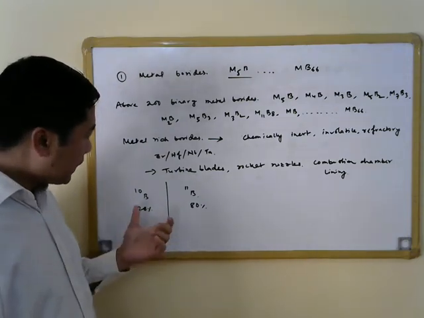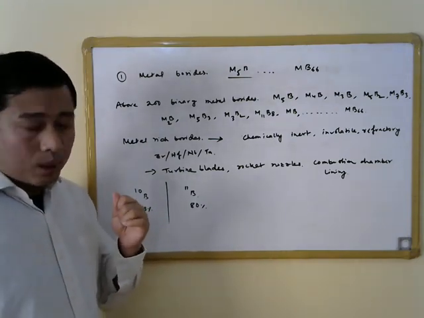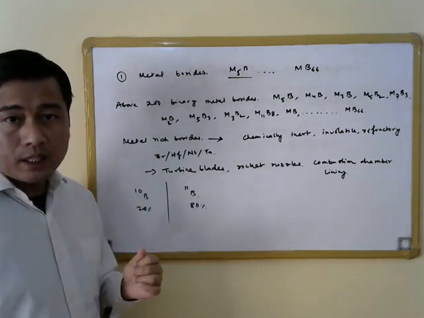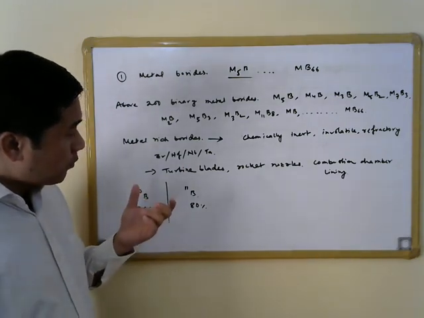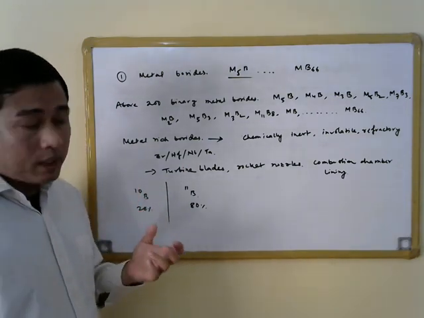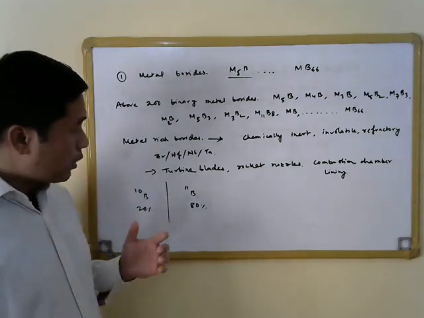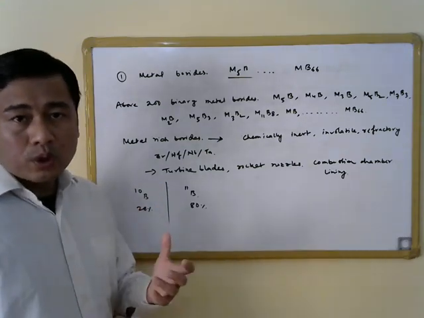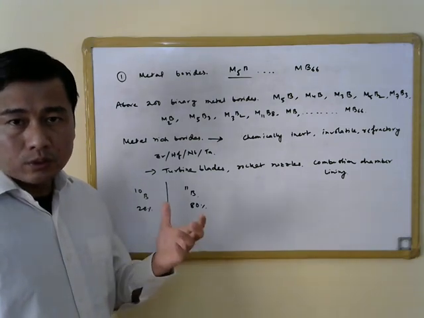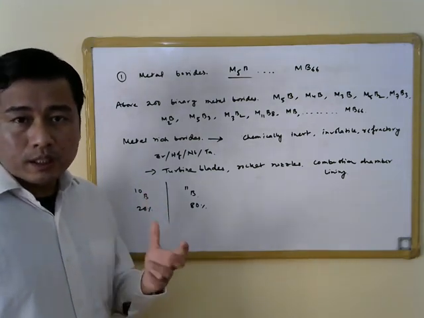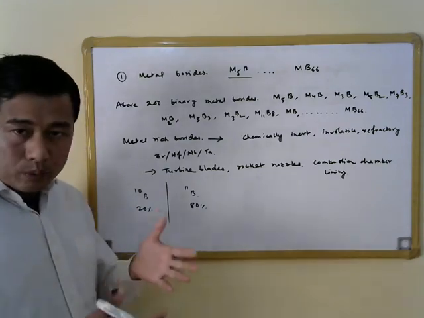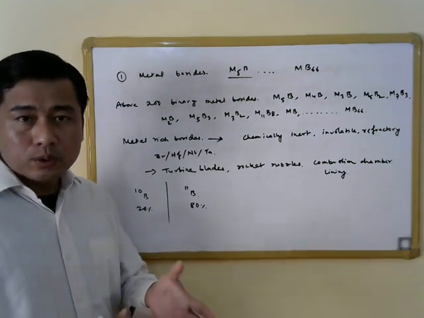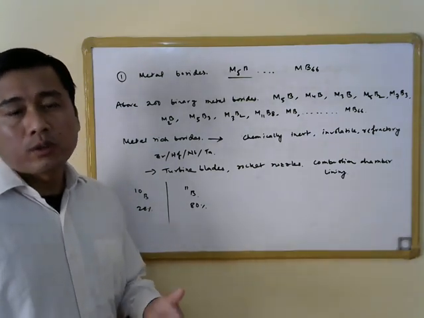That is the reason why these metal borides can be used in the nuclear industry as control rods, as well as nuclear shields, because they can absorb neutrons present in nuclear reactors, which are used to carry out the nuclear fission reaction. When you insert a control rod of metal boride inside the reactor, it absorbs the neutrons and thus controls the nuclear fission process.